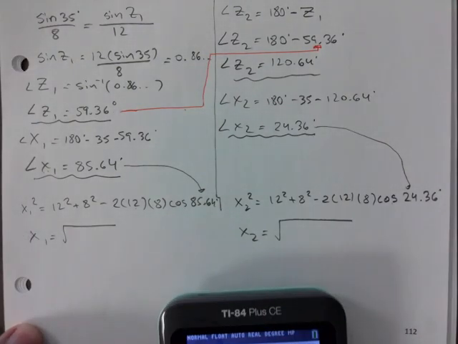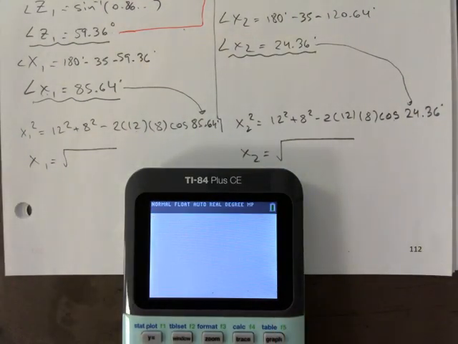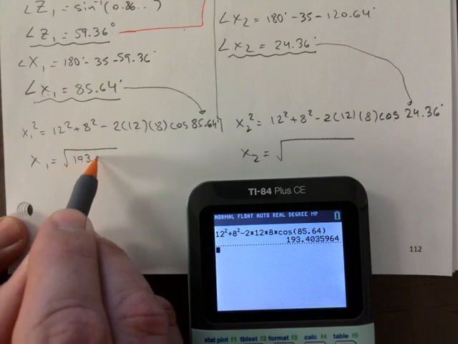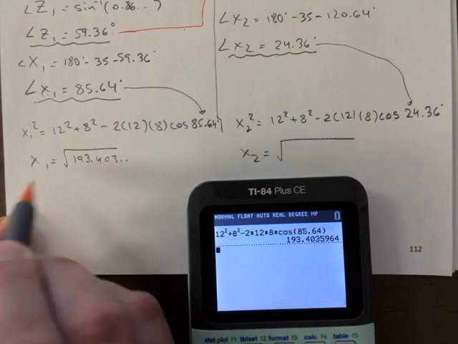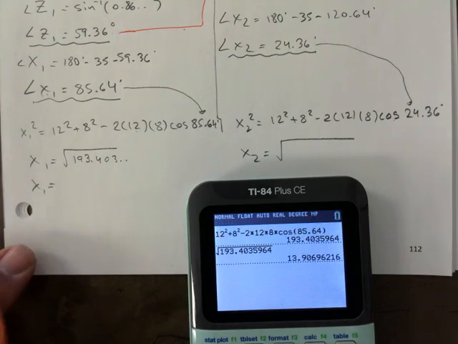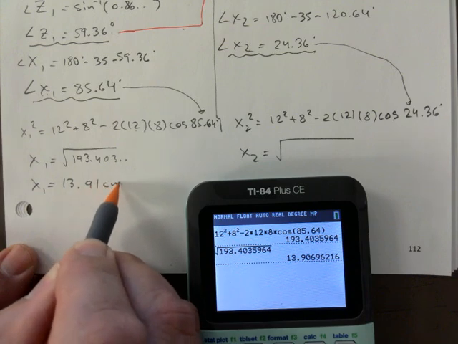And this is the beauty of using cosine law. It's just a bunch of copying and pasting. So I go 12 squared plus 8 squared minus 2 times 12 times 8 times cosine of 85.64. I hit enter. That's 193.403 something. Take the root of that. That's 13.91. Hey, it actually matches my answer.